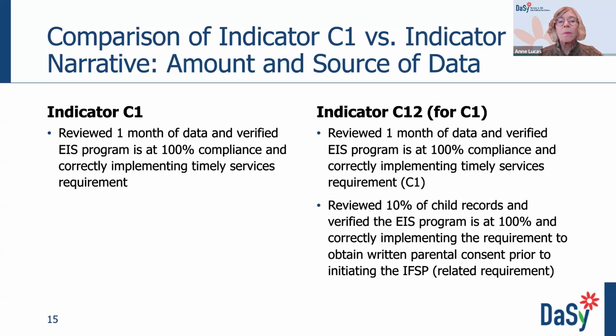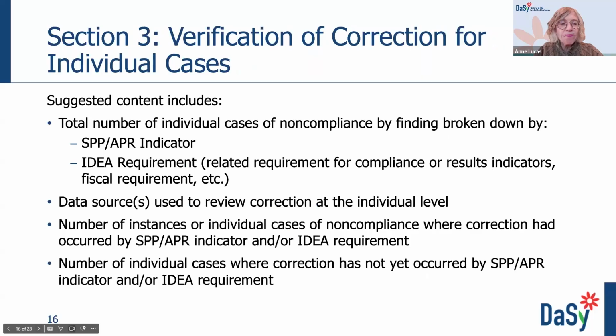But then as you're looking at the related requirement of obtaining written parental consent prior to implementing the IFSP services, on that particular item, you had to pull 10% of child records, and through that review, you verified that the program was at 100% and correctly implementing the requirement. So let's go on to the next slide.